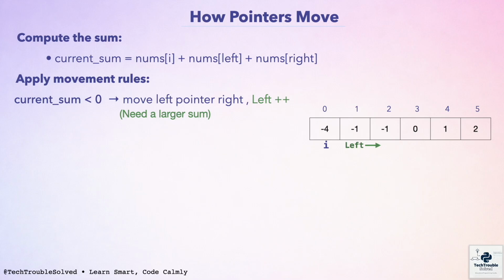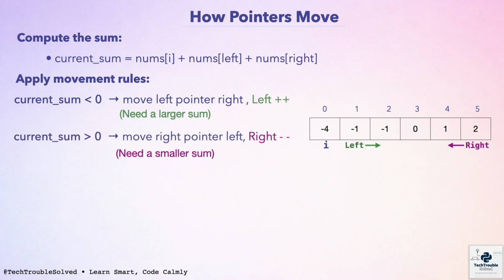Because the array is sorted, we can increase the sum by moving the left pointer to the right. So we do left++. If the current sum is greater than 0, the sum is too large. To reduce it, we move the right pointer to the left, which means right--.